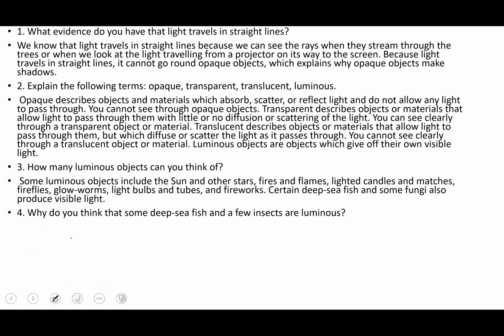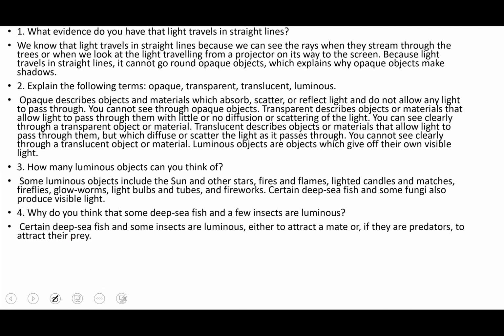Because they are trying to mate or to prey on other sea creatures. Certain deep sea fish and some insects are luminous either to attract a mate, that means to find a life partner, or they are predators that attract their prey, that means they can attack a smaller fish.